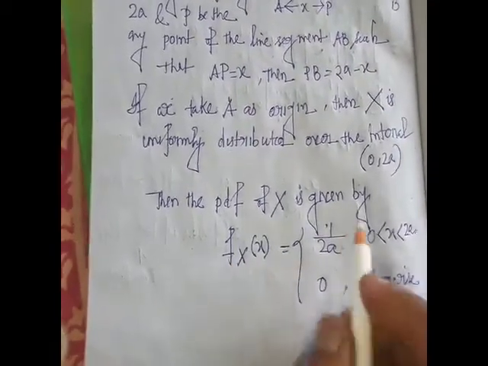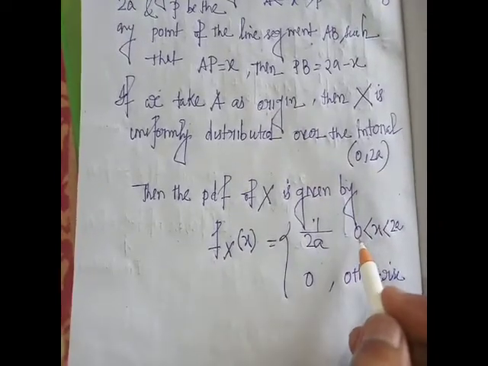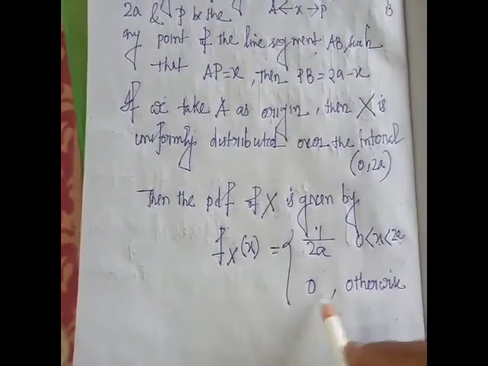So the PDF of x is 1 by 2a where 0 is less than x less than 2a, and 0 otherwise.